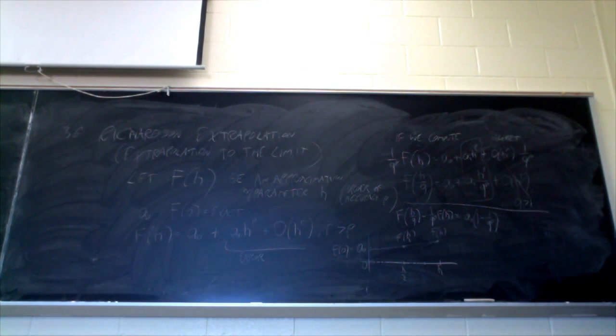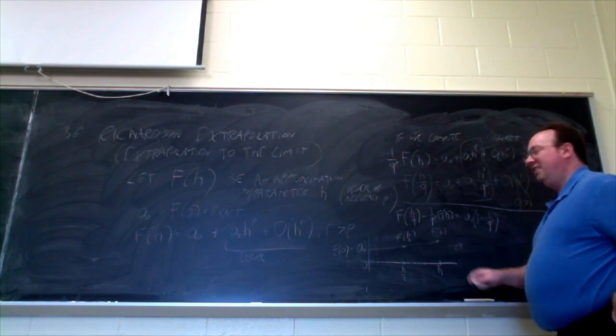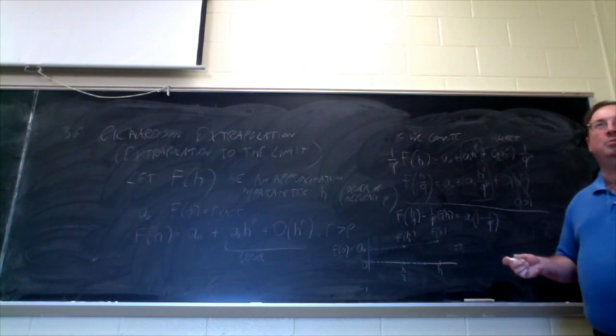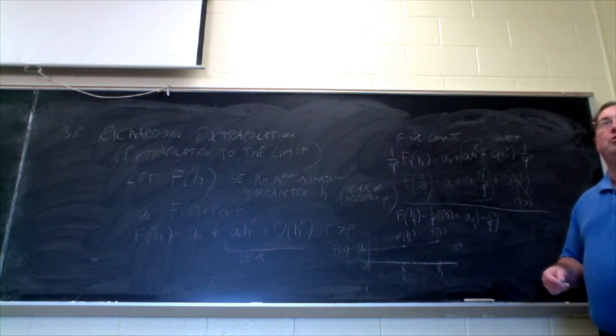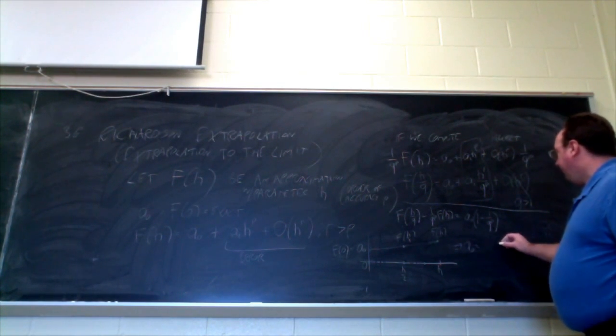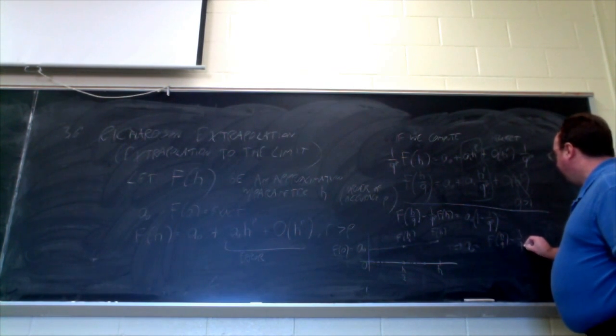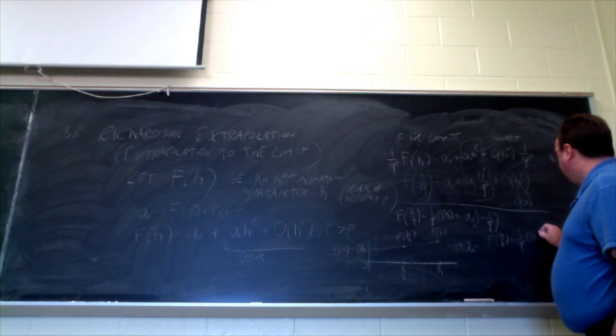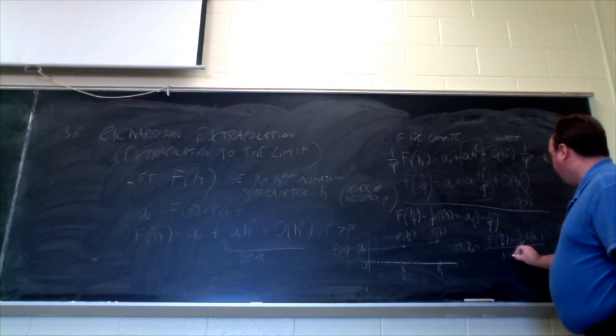So now all I have to do is rearrange this to solve for A0. Of course I can't literally solve for my exact value, wouldn't that be cool? But I'm going to solve for something that's closer to it. So A0 would be f of h over q minus 1 over q to the p f of h, all over 1 minus 1 over q to the p.